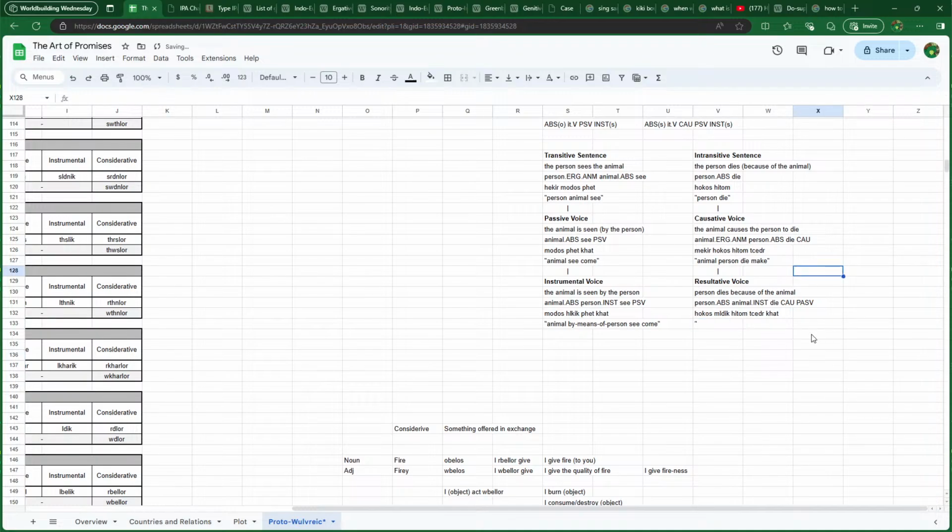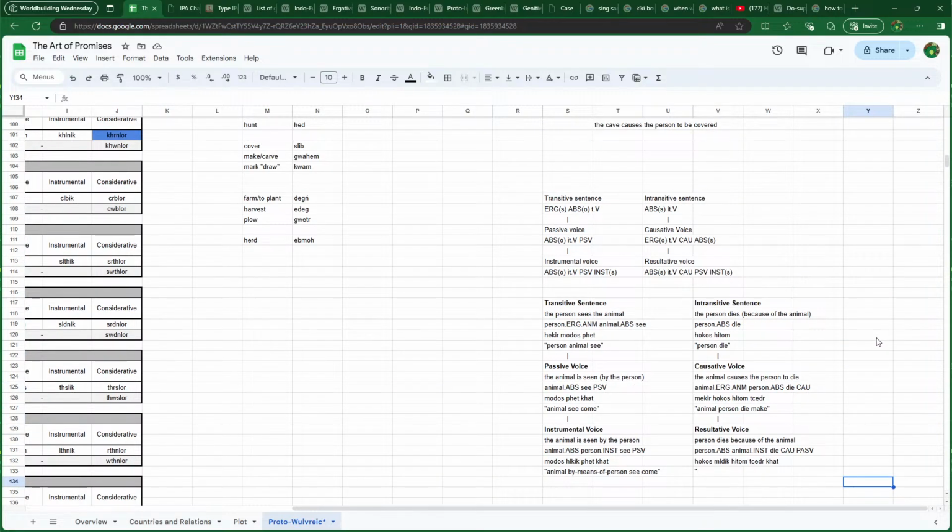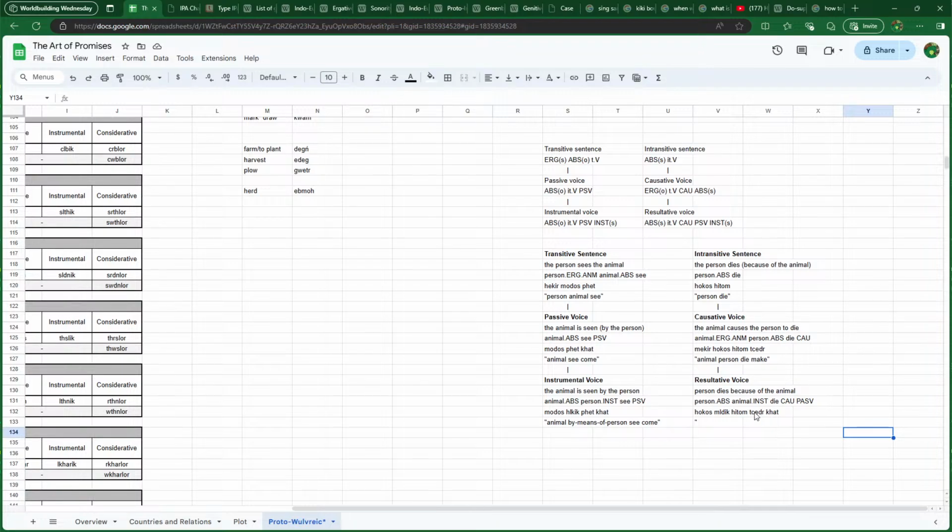But if you think about it, that's how the word because came about. It's the passive and causative. It's just we're handling that with instrumental stuff here.